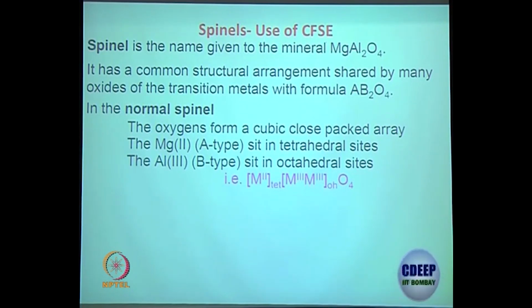Of course other possibilities exist, but those are less likely and never happen for spinel. Since it is 3 plus, in normal spinel you would expect octahedral geometry to be preferred by 3 plus, and tetrahedral geometry to be preferred by 2 plus.